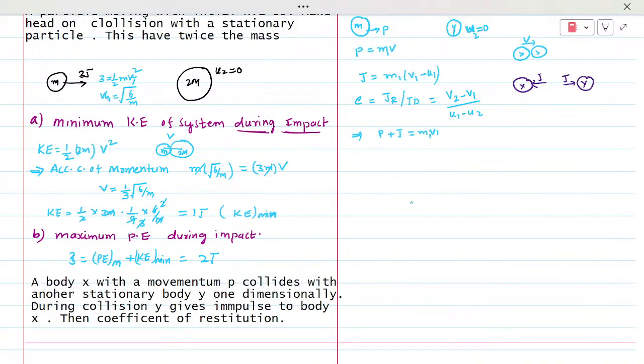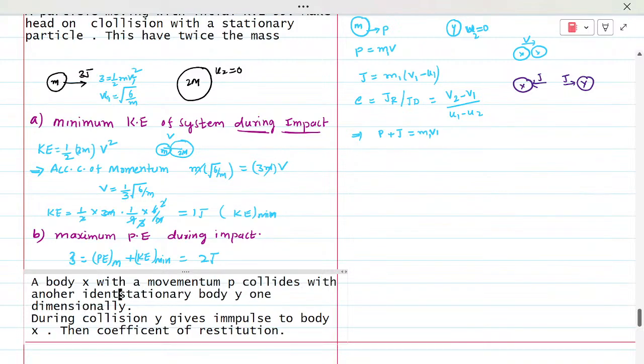Here identical particles are given, so both have the same mass, m1 or m we can take. In the question I have written a mistake: X collides with another identical stationary particle. So m1 is equal to m. This is equation 1.